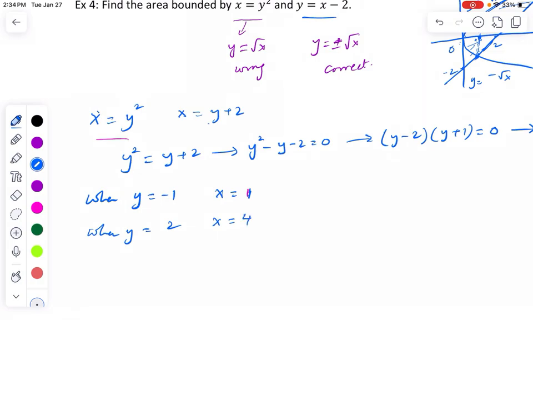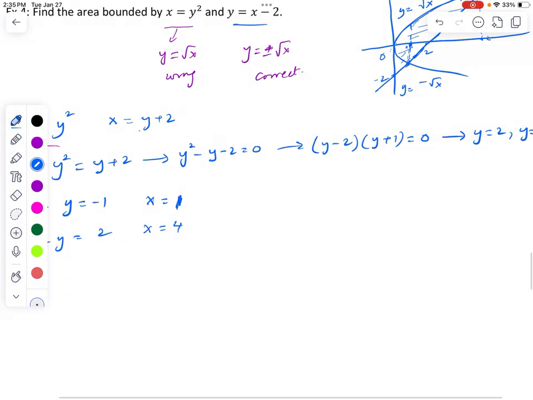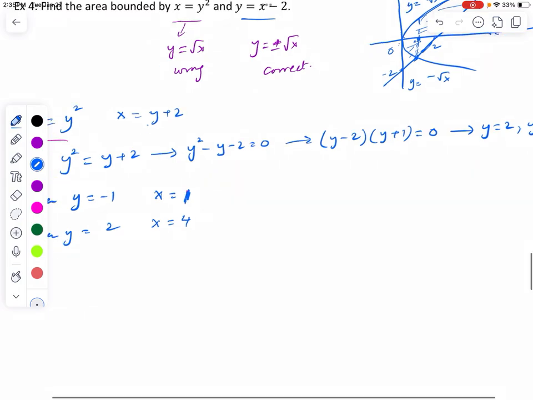So when you set up your integral, you will start with 0. I can do it over here so we can have a look at the graph. So it will look like integral from 0 to 1.